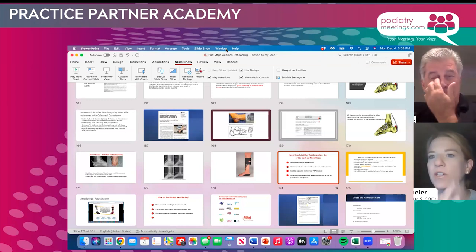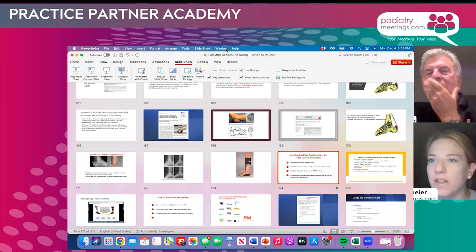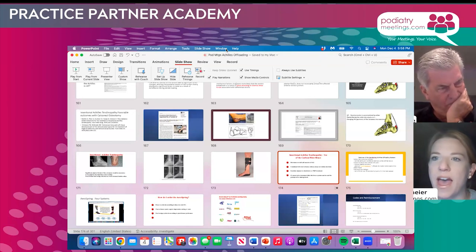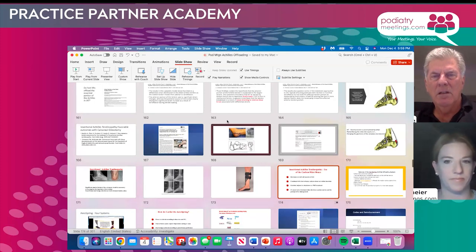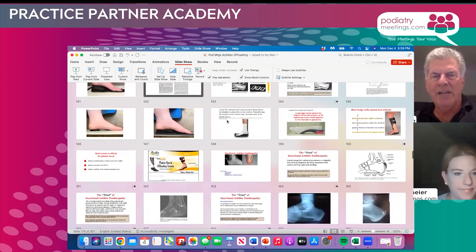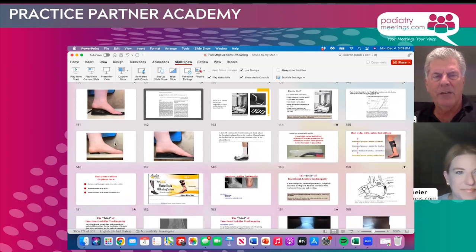All right, the very first question we have: how is a half-inch heel lift different than a shoe with a half-inch heel, or a heel that is a half-inch higher than the other shoe? Yeah, I always leave my slides up because it helps me show that. So it really boils down to this.